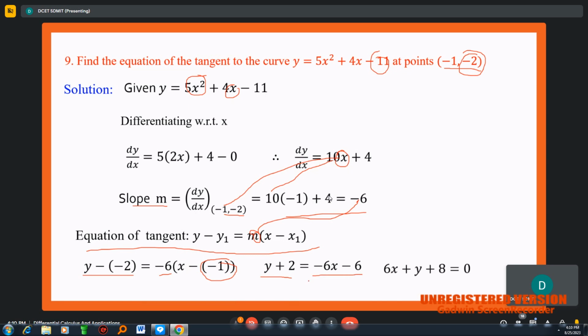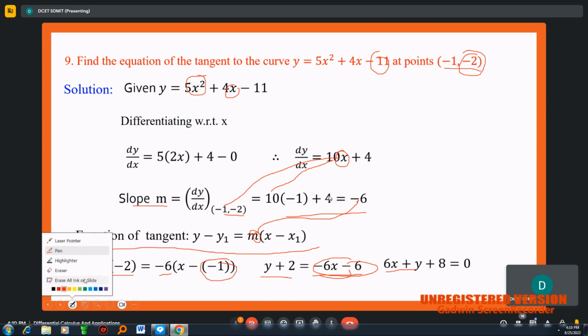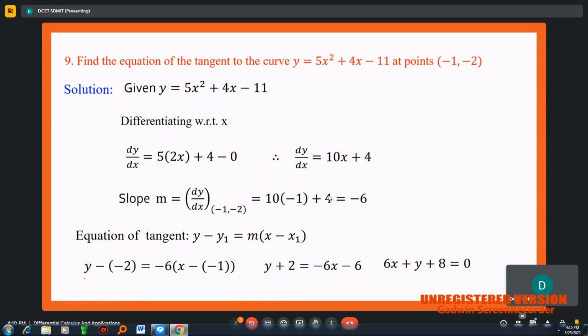Therefore, y plus 2 is equal to minus 6x minus 6. Taking these terms to this side, we get 6x plus y minus 6 plus 2, that is 8, equals 0. This is the required equation of the tangent to the curve.